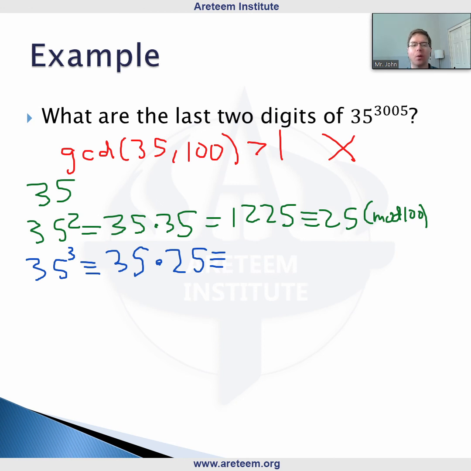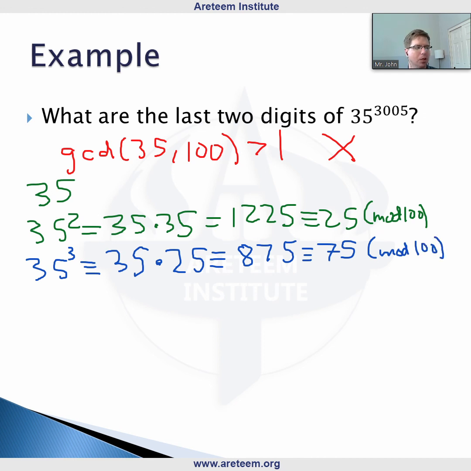Because 25 is 35 squared mod 100. So that is where we do not have those big numbers again. This is similar to what we did right at the end of the previous problem. So this is equivalent to 875. So this has last two digits of 75 mod 100 in this case.